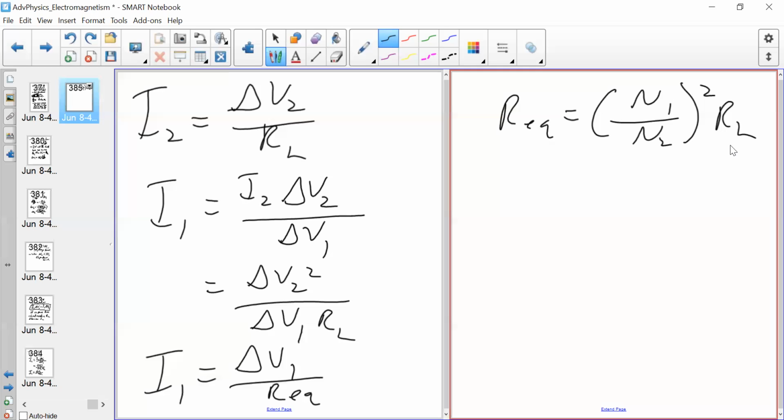So this equivalent resistance is basically going to be a resistance match between primary coil and secondary coil. So that's what we want here. So whatever the resistances are between primary and secondary, this is the equivalent resistance of this entire transformer.